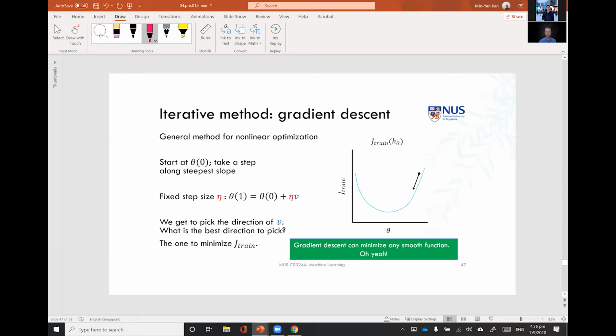Again, we can do it in any way we want. The way that we introduced in this part of the lecture is just with a fixed step size. We've already illustrated which direction we're going to go by going through the entire data set of M instances, calculating the partial derivative for each of the components, and adding them all up, and then I have my vector v.